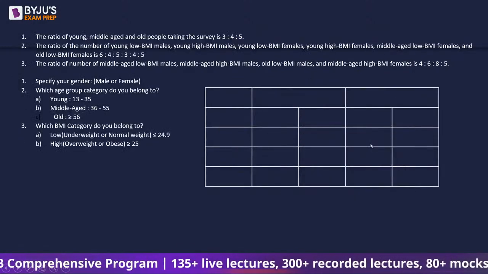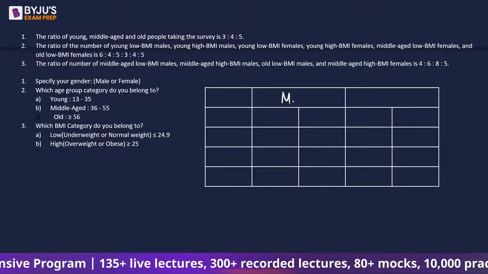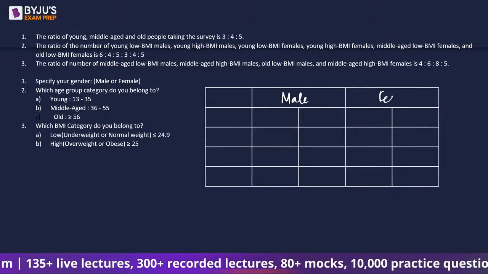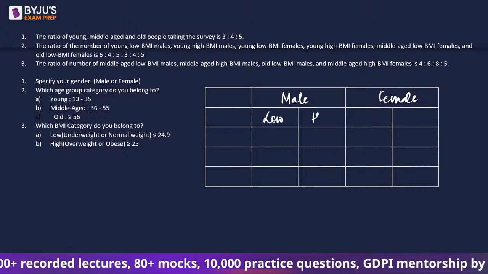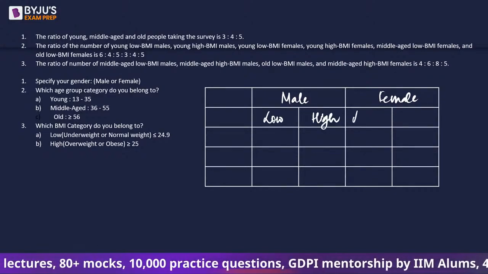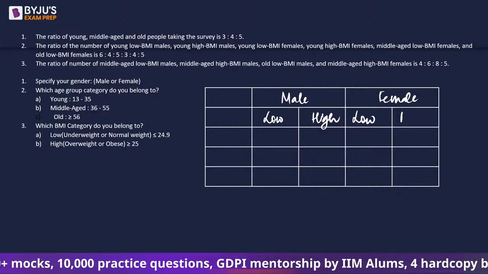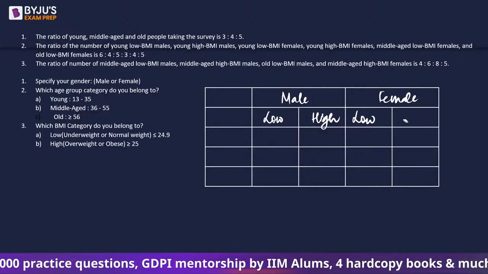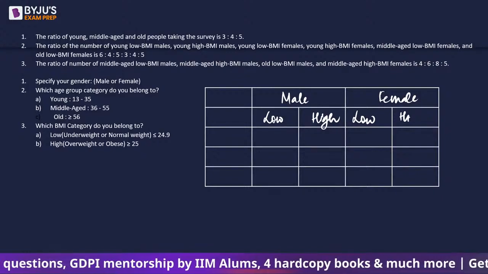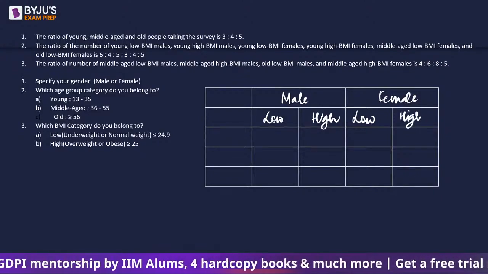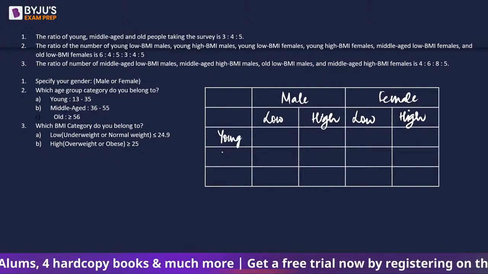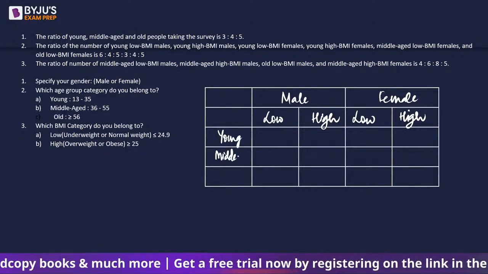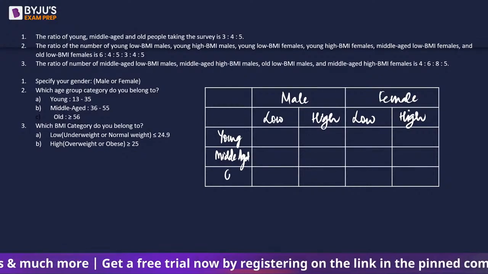So I think this is good enough, right? So we have male, we have female, we have low BMI, we have got high BMI, then we have got low BMI, we have got high BMI under female, and then we have the category of young, middle-aged and old.